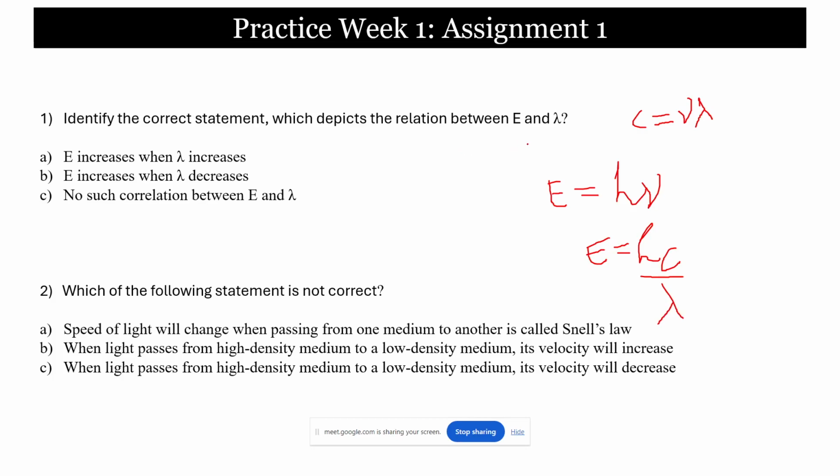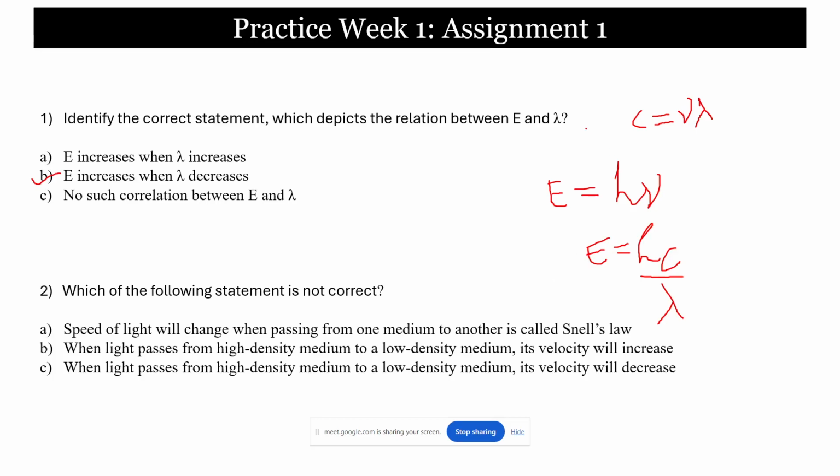The correct statement for the relationship between E and lambda: the first option is E increases as lambda increases, which is not correct. The second option is E increases when lambda decreases, which is true, because they are inversely proportional. So option B will be correct for this one.